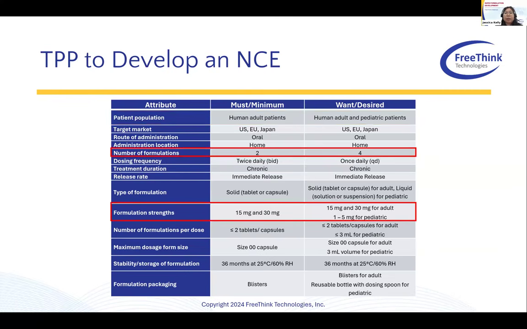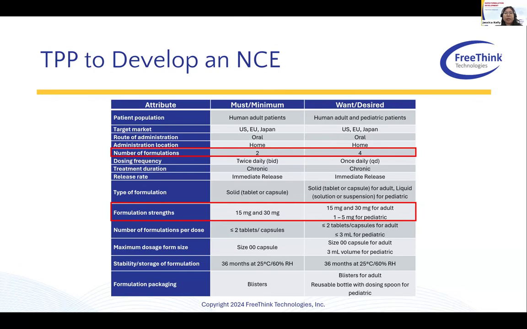So for the number of formulations attribute, we see that we must at least target development of 2 formulations, but it would be preferable to develop 4 formulations for motivations such as increased dosing flexibility. And in discussion with the development team, they would also like to develop a low and a high dosage form.